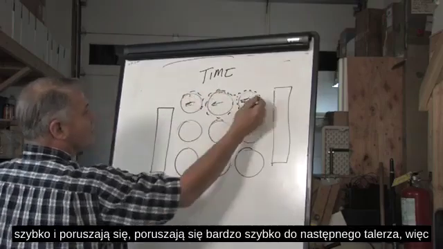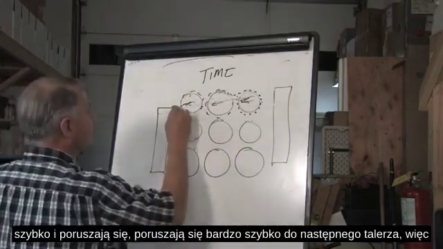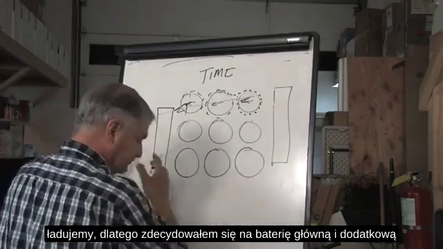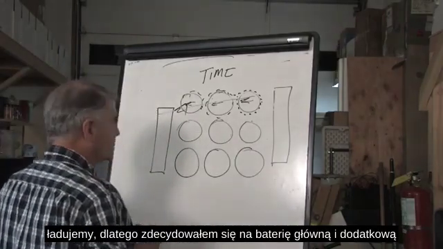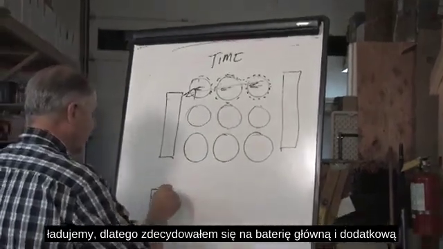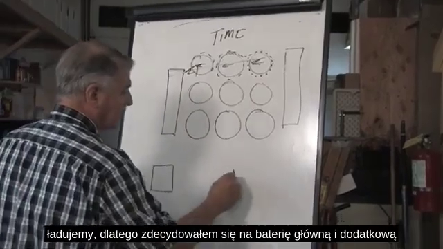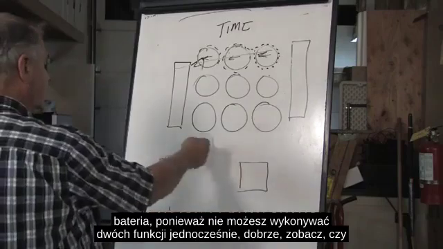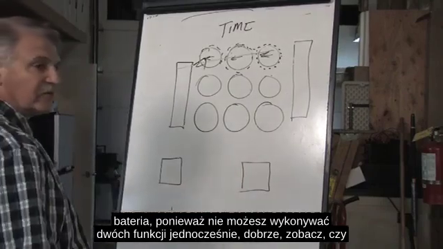Very quickly, and they're moving very quickly to the next plate. So we're charging. So that's why I chose to have a primary battery and a secondary battery, because you cannot perform the two functions at one time.